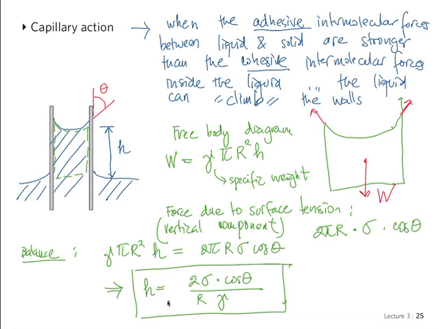So again, you see that this height will be more substantial if the radius is very small, right? If we have a large radius, then this height is going to be very small. We might not even see it with the naked eye. But if the r is very small, that's why if you put a small tube in water, the water will climb and it will be visible.